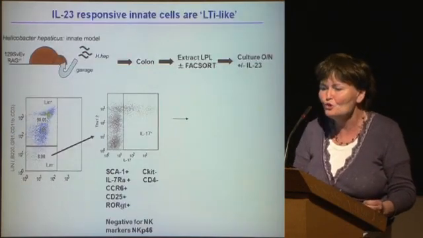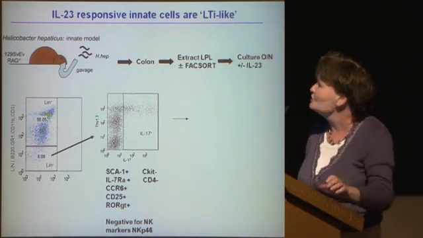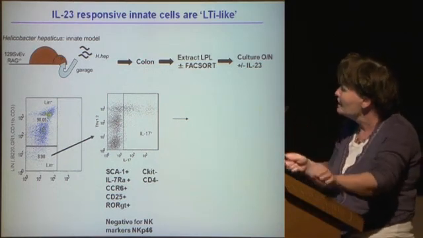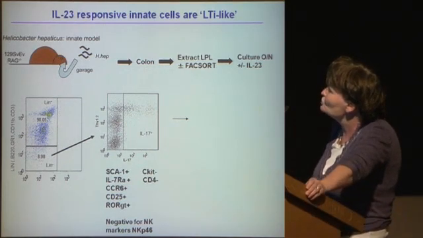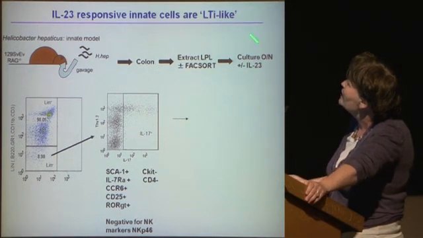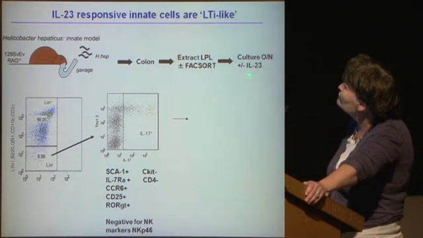And Sofia Buonocore in the lab spent a number of years trying to dissect what this IL-23 responsive population was, and to cut a rather long story short, she was able to show, by sorting various immune cell populations from Helicobacter hepaticus infected mice and stimulating these with interleukin-23, a detectable production of interleukin-17 as well as interferon gamma.